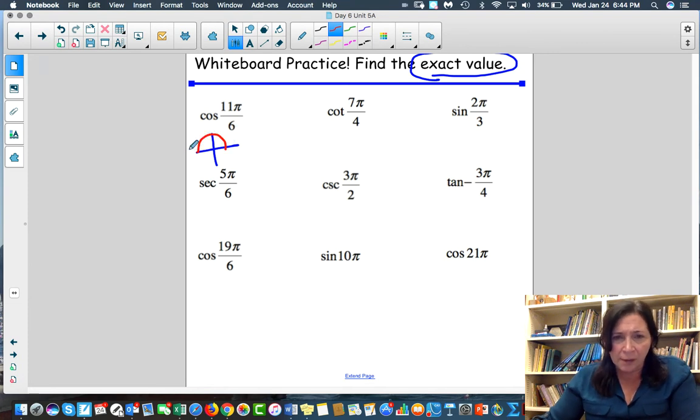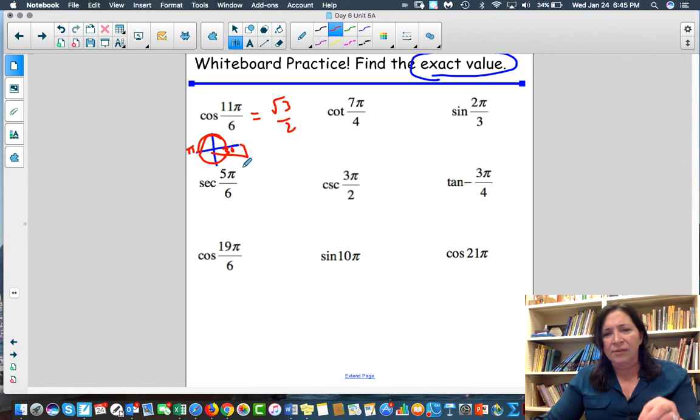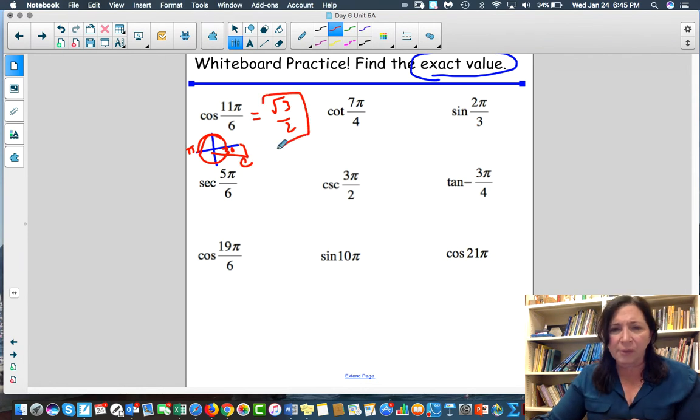So this is 1 pi, and this is 1 and 5/6. Now 6 divides into 180 30 times. So cosine of a 30-degree reference is going to be root 3 over 2. However, in the fourth quadrant, cosine is positive. So that is positive root 3 over 2.